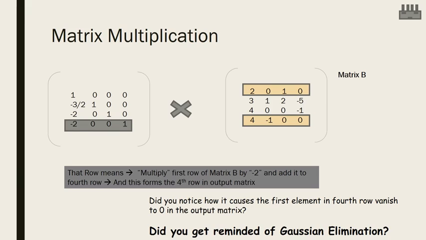This weighted sum of rows is exactly what I want to do in Gaussian elimination. So all the operations I was talking about previously, eliminating one variable, eliminating two variables, all that can be represented through matrix multiplication like this, right?